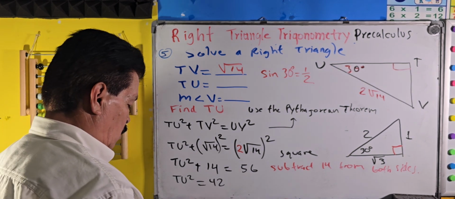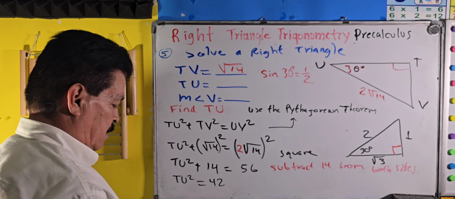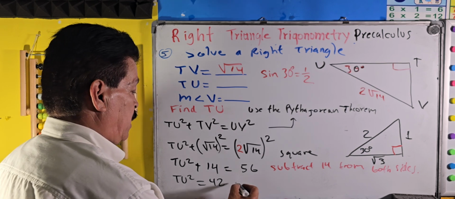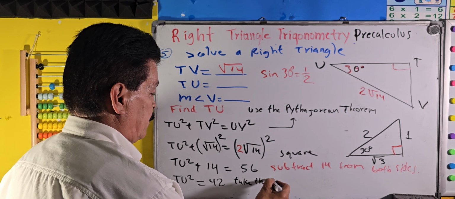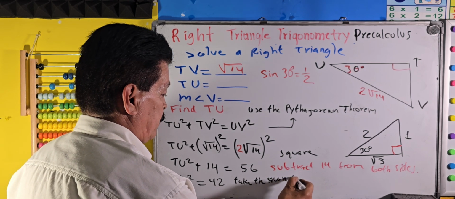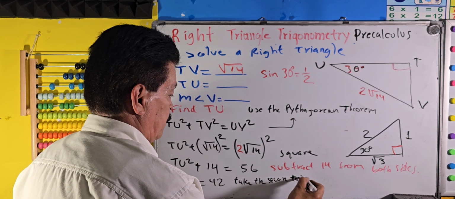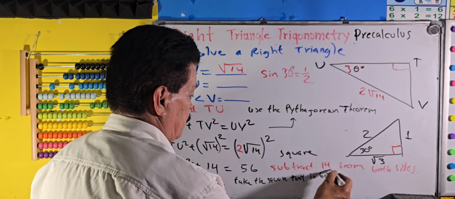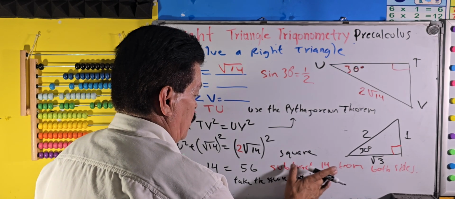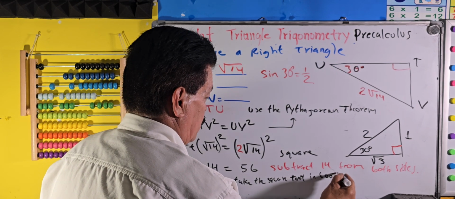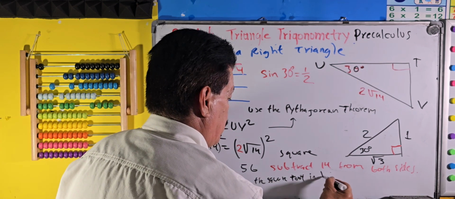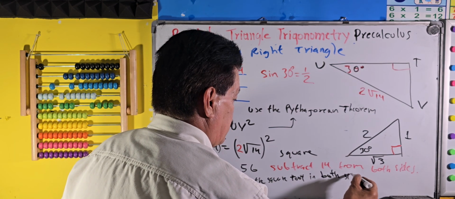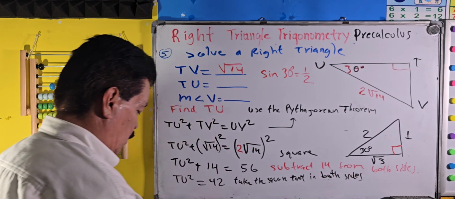I am right. So take the square root on both sides.